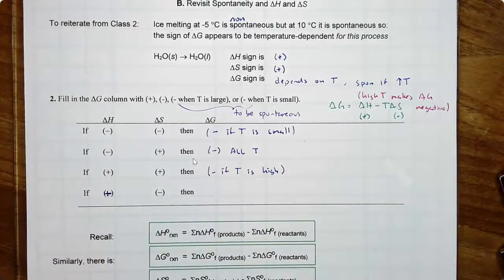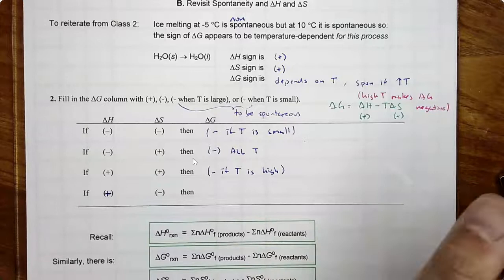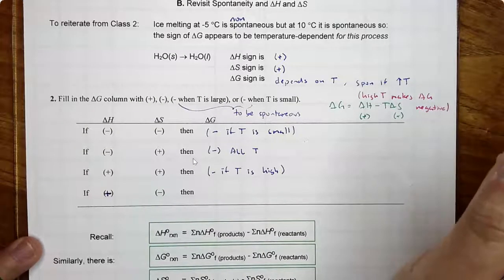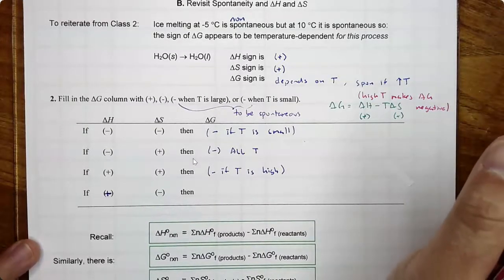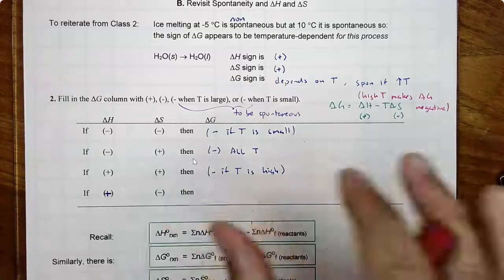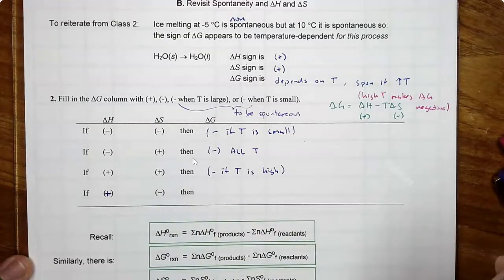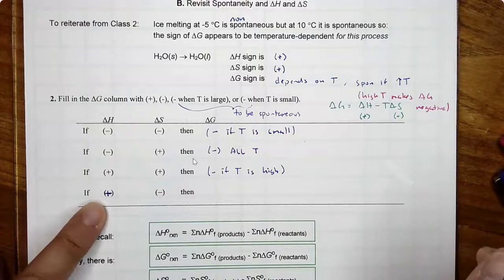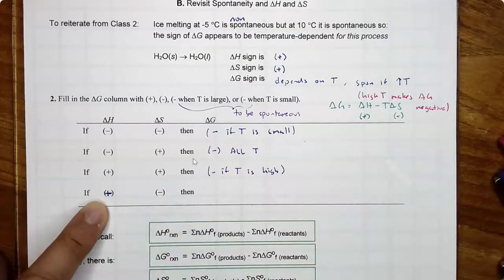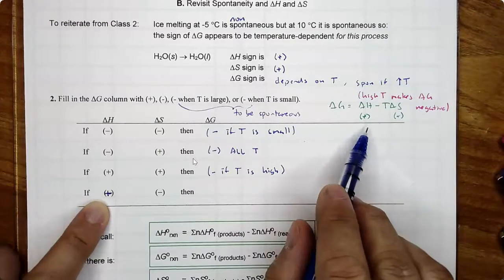I'm going to be making a lot of corrections, but whatever the handout is right now, the one I'm working on, I'm going to keep that on Canvas. Please be sure to make all the corrections that I'm spotting. We haven't done the positive negative situation yet, and so that delta H is positive.